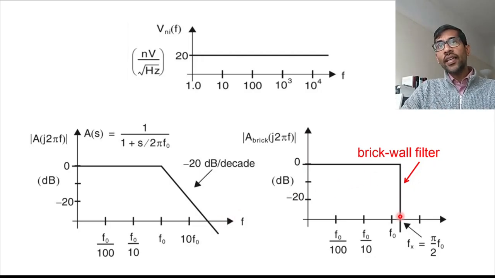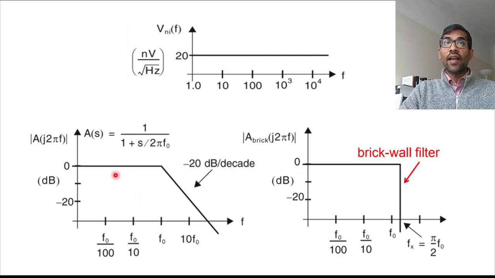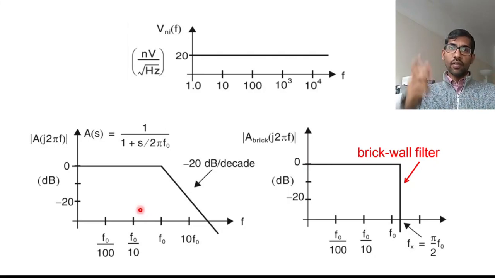Now, can I adjust the cutoff frequency of this brick wall filter? Can I adjust this fx in such a way that the power of the signal at the output of this filter is the same as the power of the signal at the output of this filter? Does that make sense? Let me repeat it.